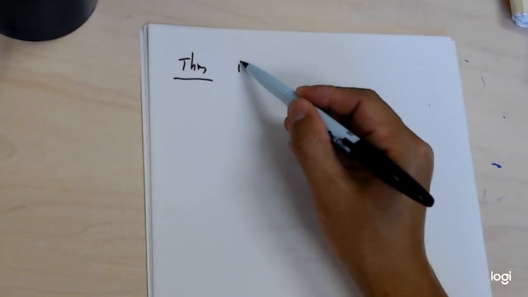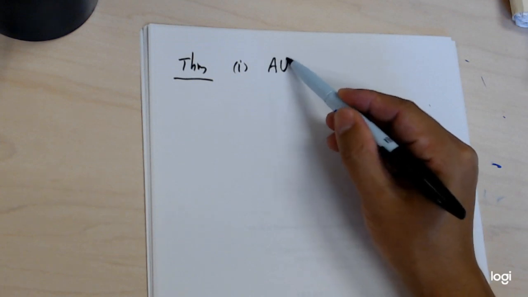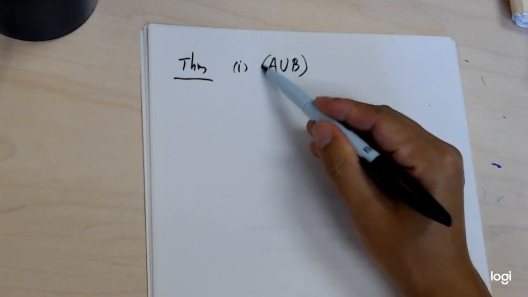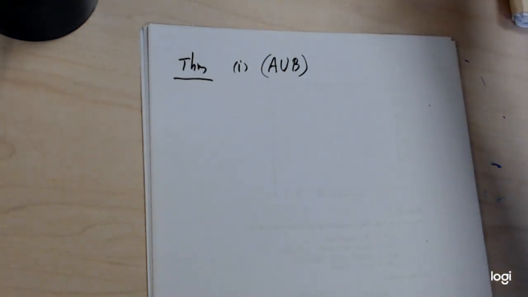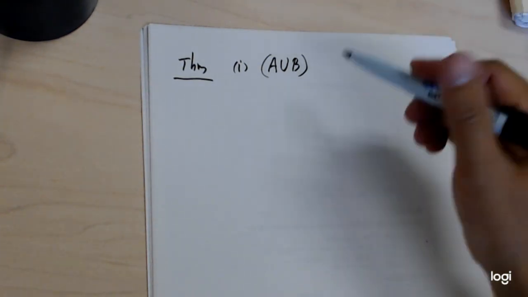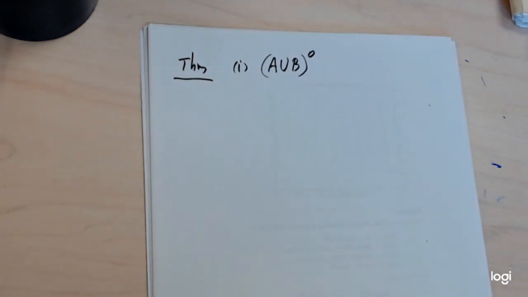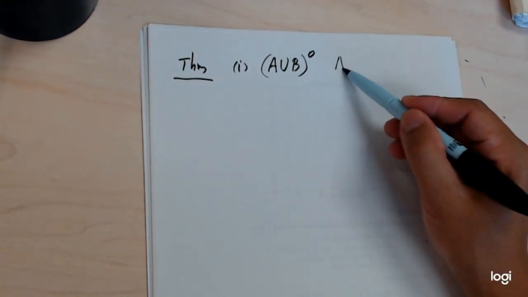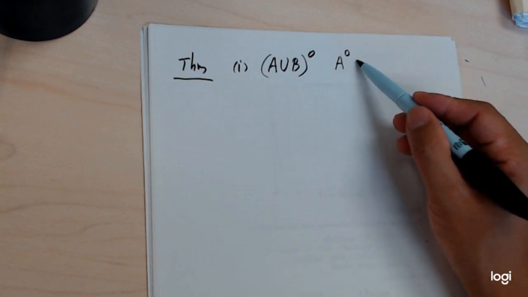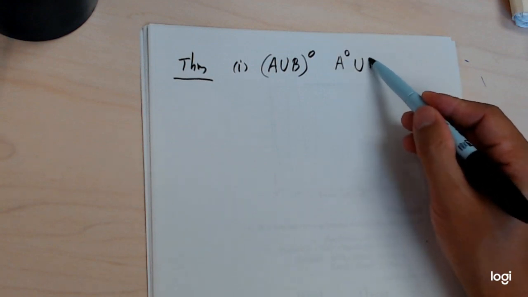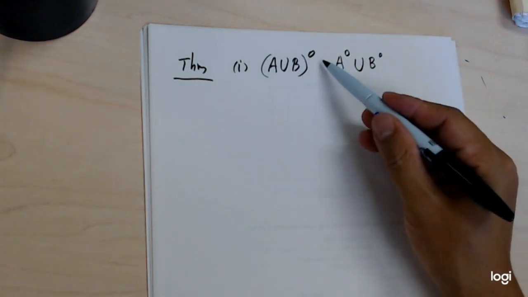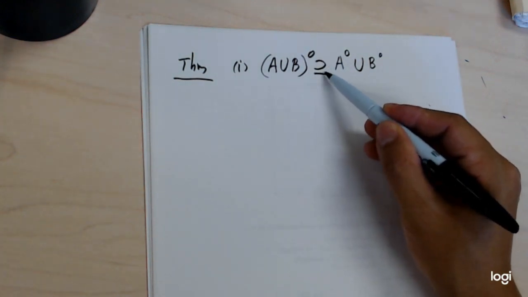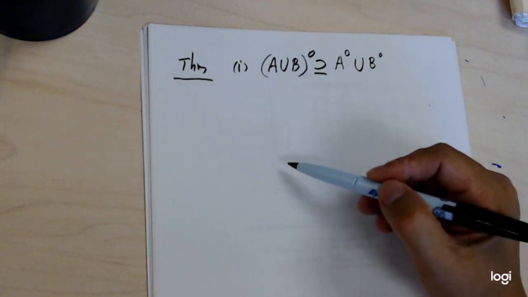For example, we have two different sets, A union B, and we're trying to write down its interior. What do you think the interior of A union B is? And how does it relate to the interior of A combined with the interior of B? Are they equal or not? Turns out the right property is that this is a subset of this.